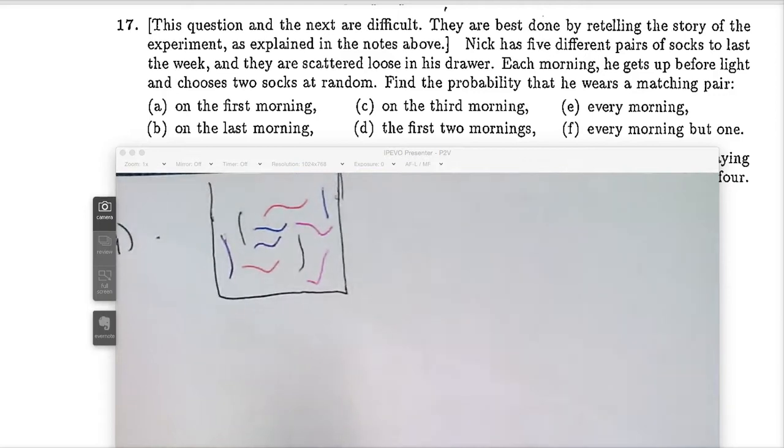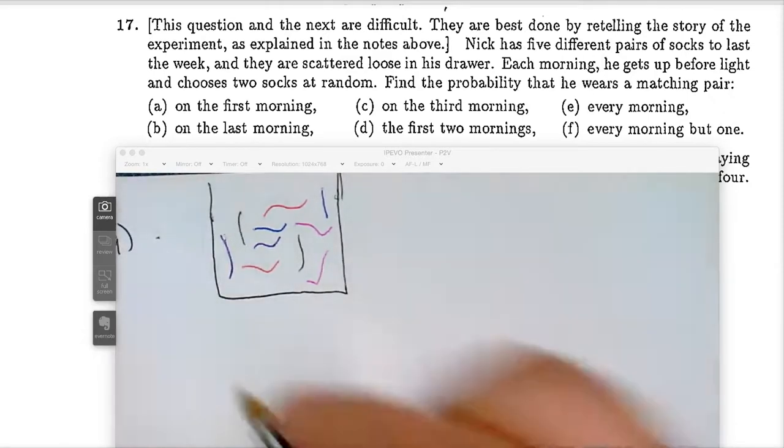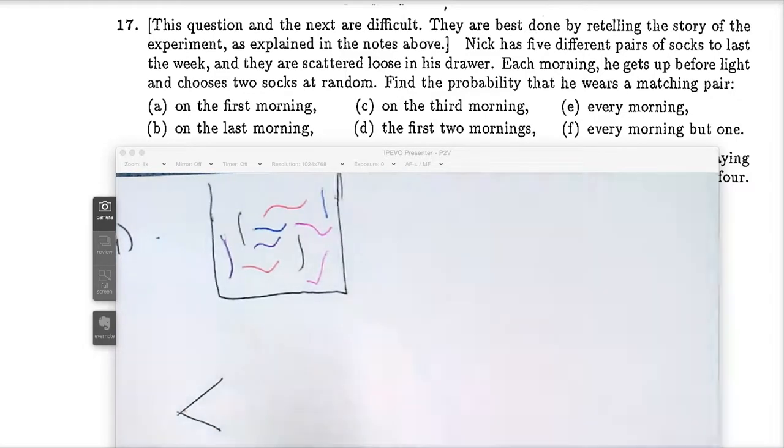Okay, stop. Nick has 5 different pairs of socks to last the week. They're scattered loose in his drawer. Each morning he gets up before light and chooses 2 socks at random. Find the probability that he wears a matching pair on the first morning. So girls, on the first morning, he'll pick out 1 sock. That first one's not counted.